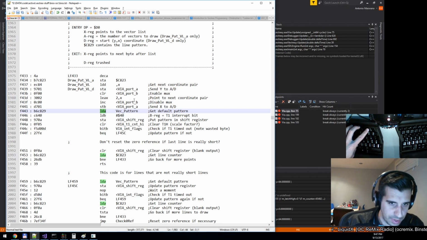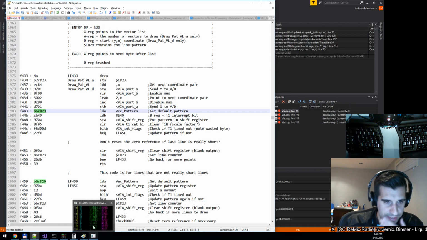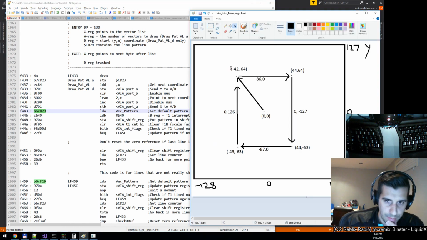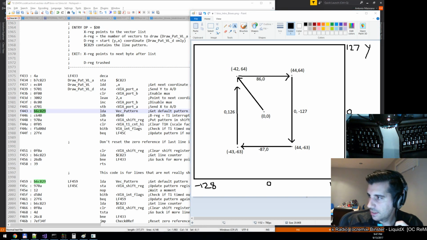Send Y, enable mux, point and X coordinate pair, disable mux, send X. So by the time we get here, our velocity should have been set up for the next movement. So we should be here, and we're going to set up the velocity to be at 86.0 in XY. Okay, that's cool.